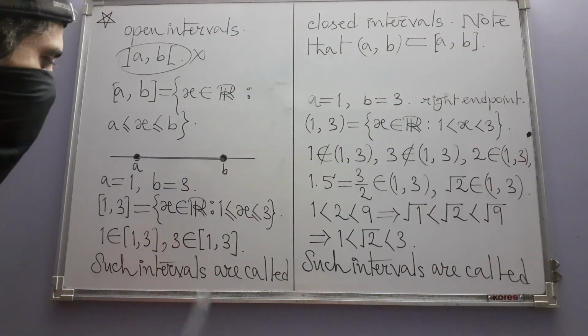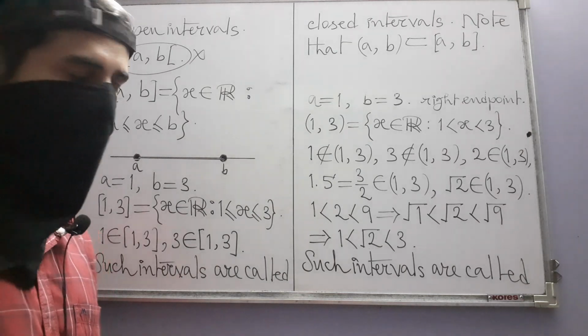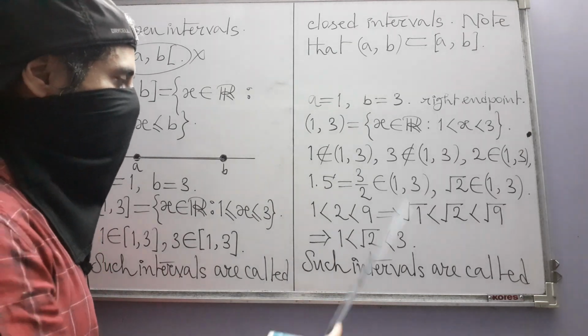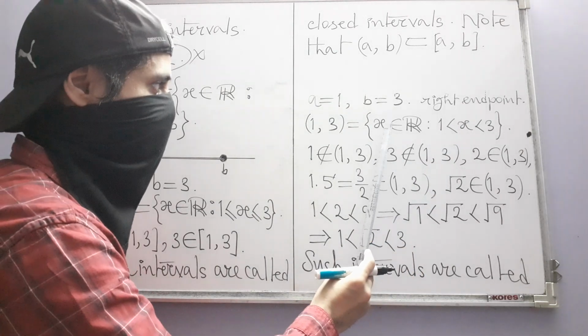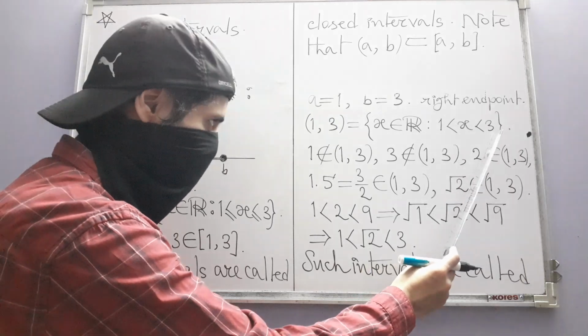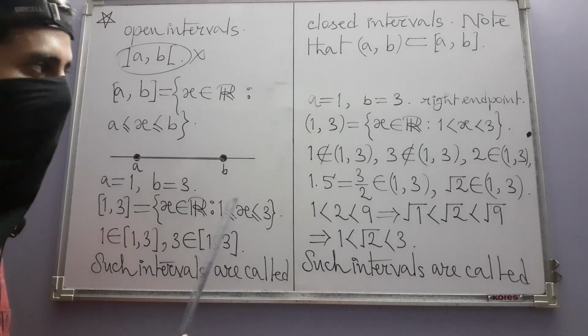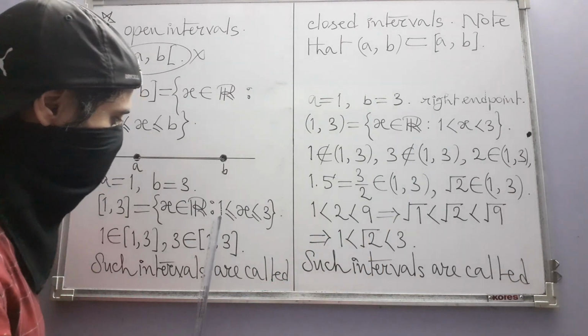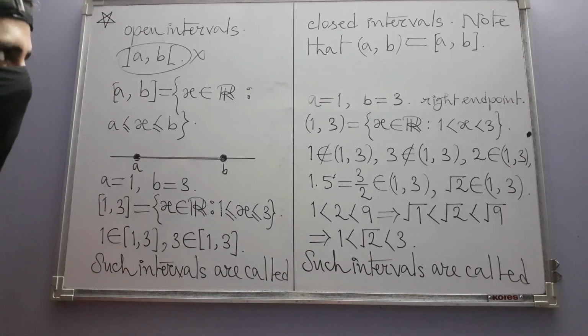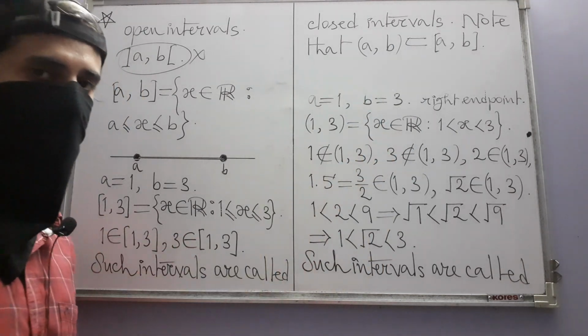Why though? You just look at these two examples. Any real number x that satisfies these inequalities automatically satisfies these inequalities also, and so will be inside this. That's why this is a subset of this.